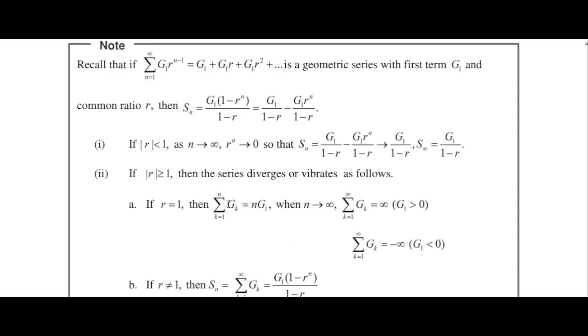here, if r is 1, the term g1 times r to the power of n minus 1 is g1 times 1, so g1 is constant. This follows this property of sigma notation: if k starts from 1 up to n, and gk is constant, the sum is n times g1.